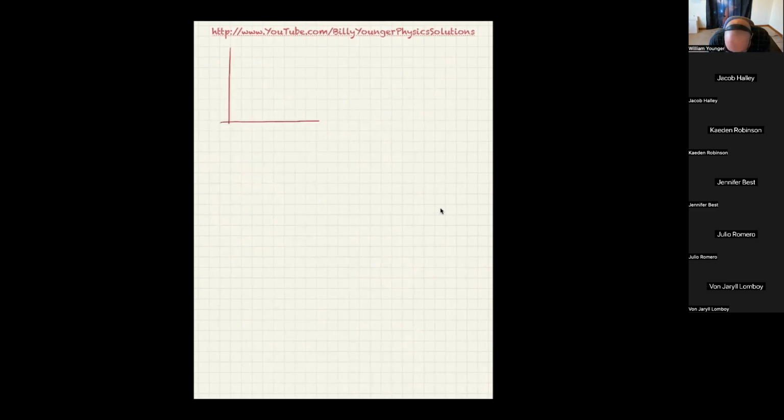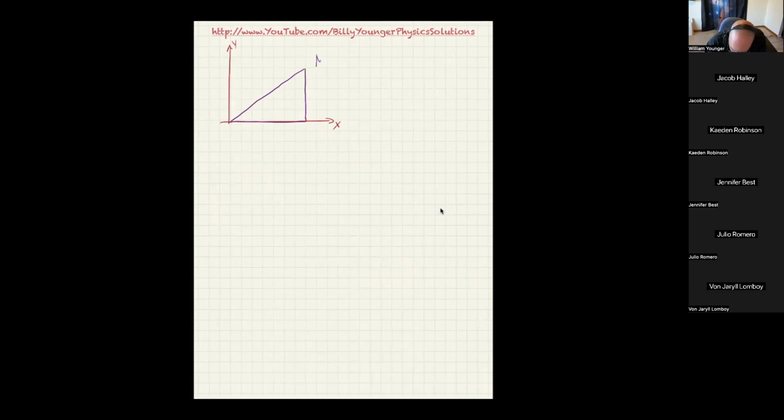So let's imagine this is our x-axis, this is our y-axis, and let's imagine we have a two-dimensional object like this, okay?